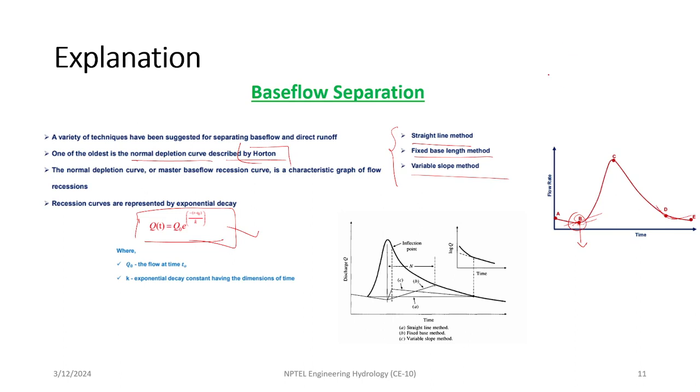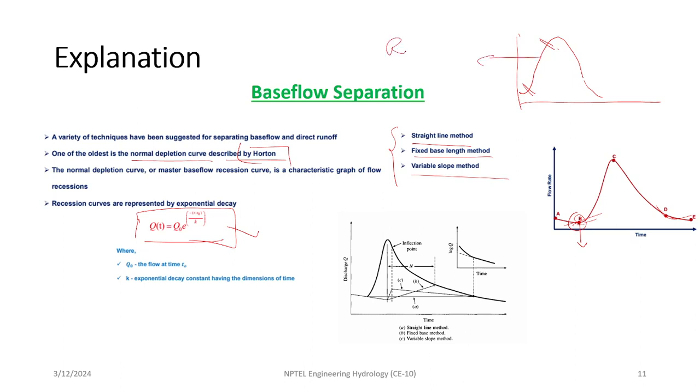While you are plotting the hydrograph, you will observe in the recession part, that is, one is the rising limb, and another one is the recession limb, right? In the hydrograph you may have studied the components.